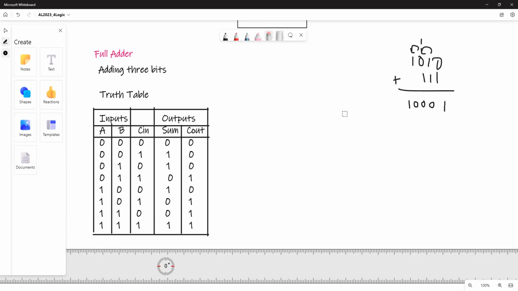Right. Now that we have done this, let's see how to write the expression for this.